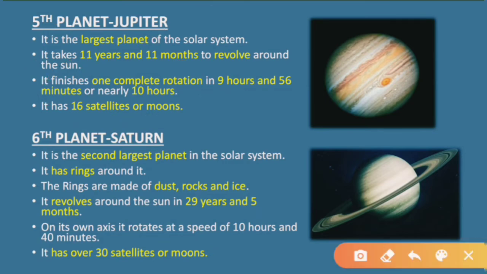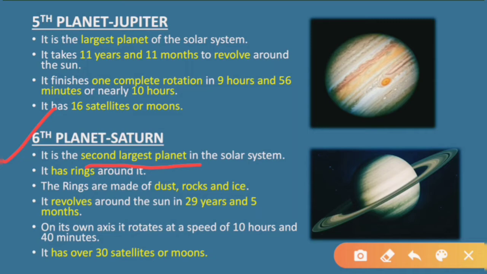Understood, students? Now moving to the next planet, that is Saturn. Saturn is the sixth planet of the solar system, plus it is the second largest planet. We are talking about the large planets, which are big in size.